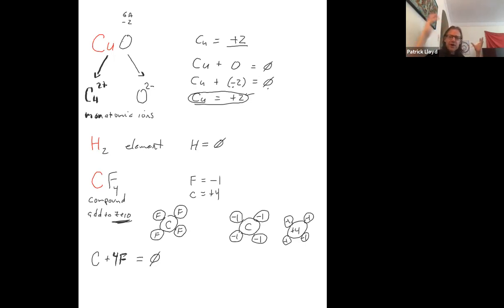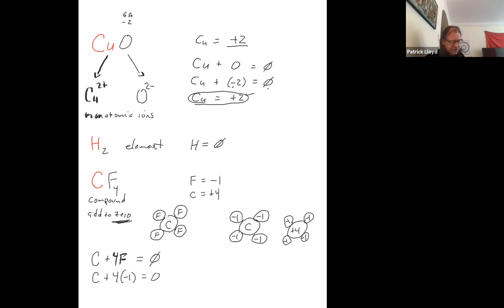There are some weird compounds where you might have a nitrogen is +1 in part of the molecule and -1 in a different part of the molecule. That kind of stuff can happen, but we're not going to worry about that in this course. Okay, so we'll assume that each fluorine is the same and each fluorine is -1. So what do we have? We just substitute in -1 for each fluorine.